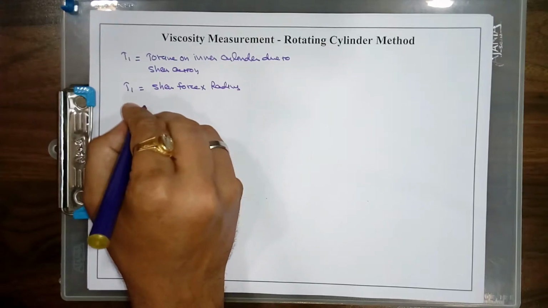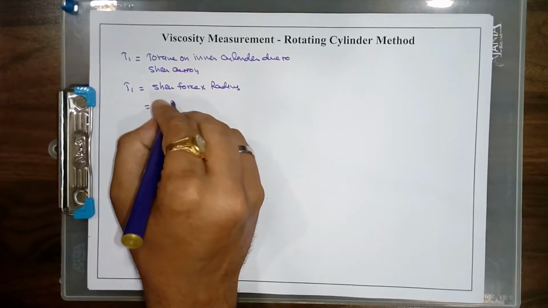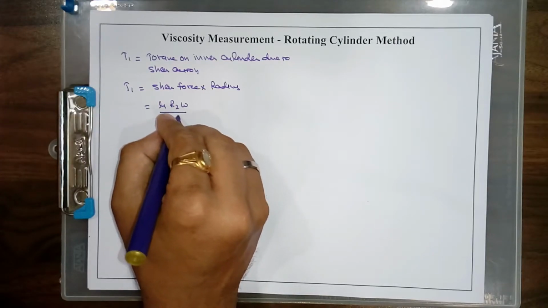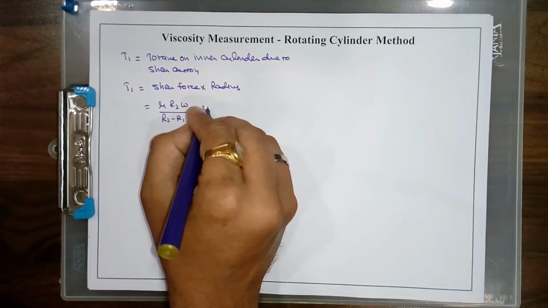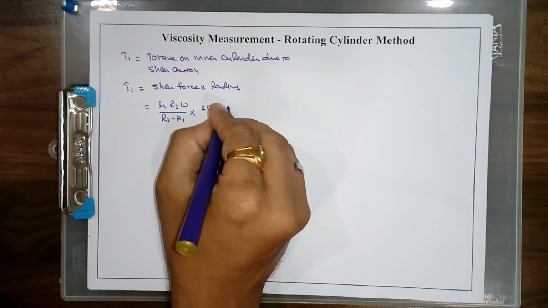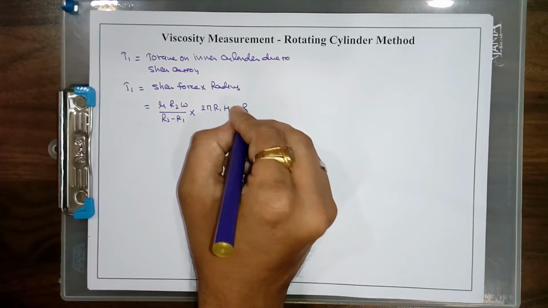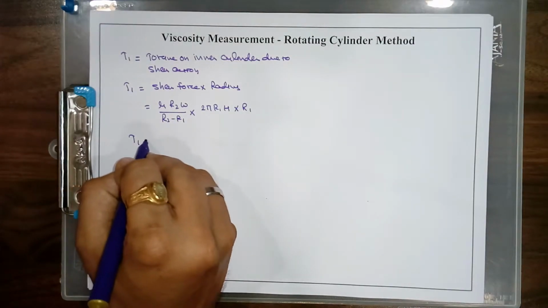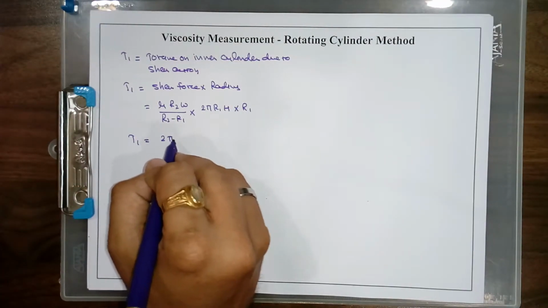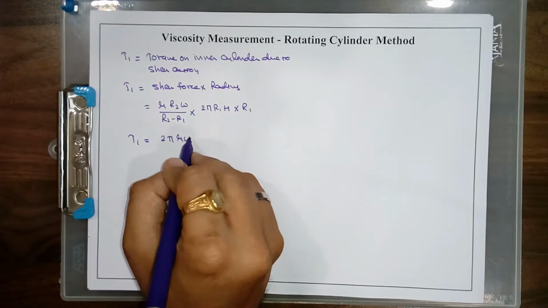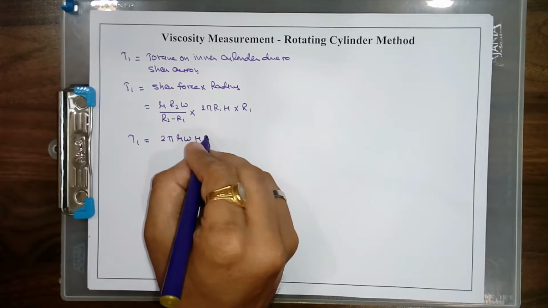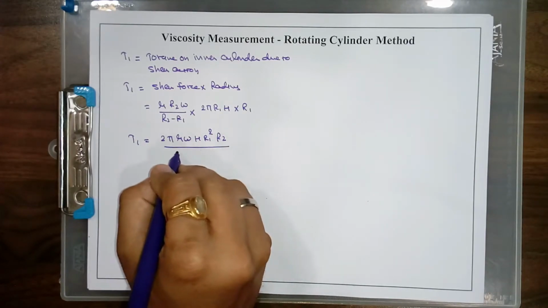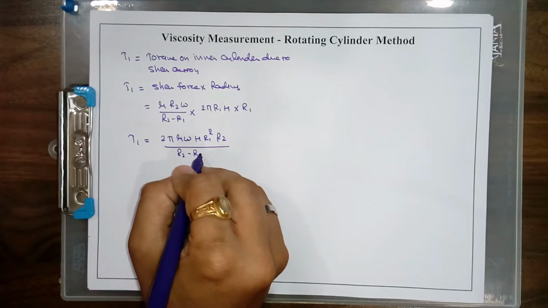So we get mu R2 omega divided by R2 minus R1 into 2 pi R1 H into the radius of the inner cylinder, that is R1. So T1 equals 2 pi mu omega capital H R1 to the power 2 into R2 divided by R2 minus R1.